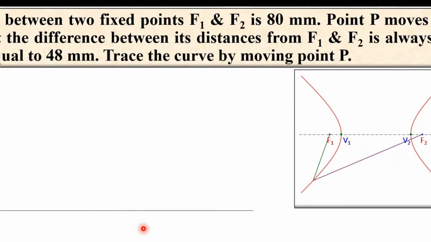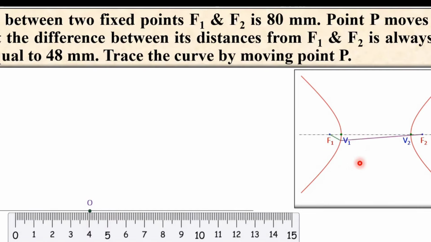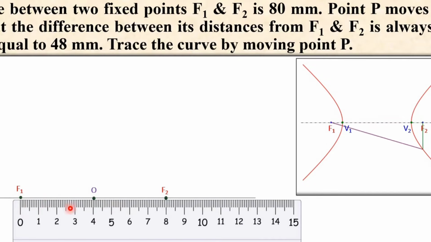Let's draw the horizontal line, and on this horizontal line take randomly any one point, give the name O, so that you can mark F1 and F2 40 mm from both sides of this O. Here you can see 40 mm away from the O point on the left side, and on the right side 40 mm away from the O point. So simply you can mark the 80 mm distance between F1 and F2.